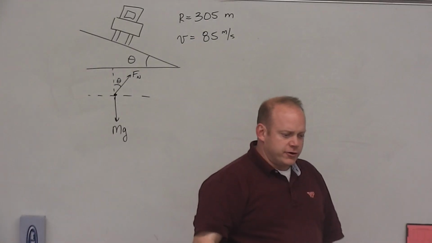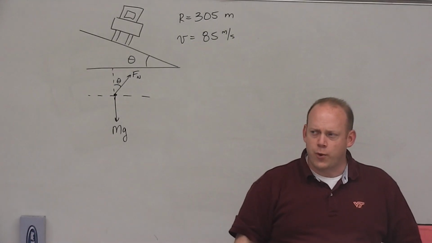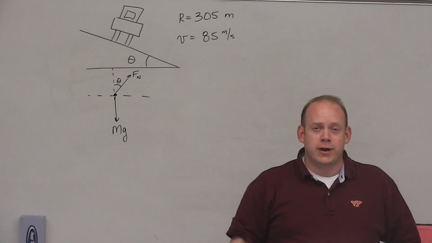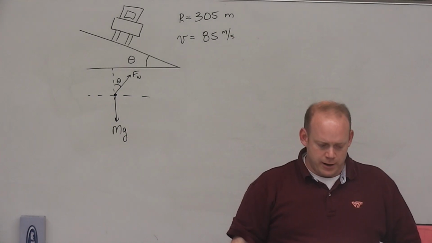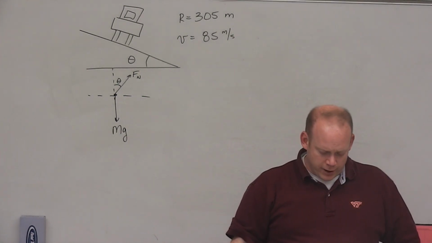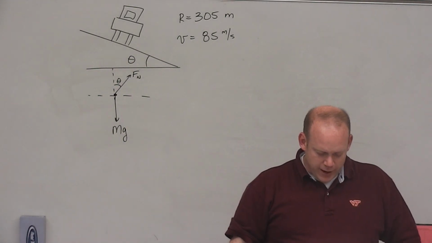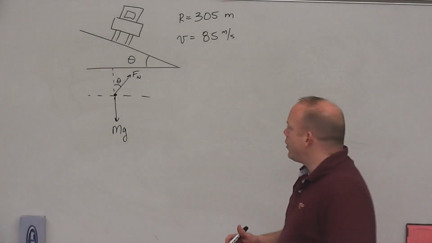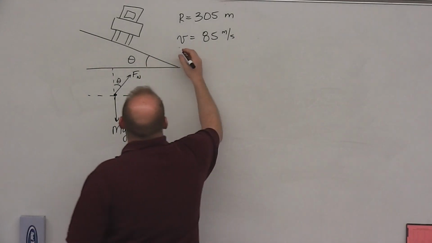I think that's usually the record qualifying run. But you can get up to 190 miles per hour on a regular run. So now what we want to figure out is what this angle theta should be.